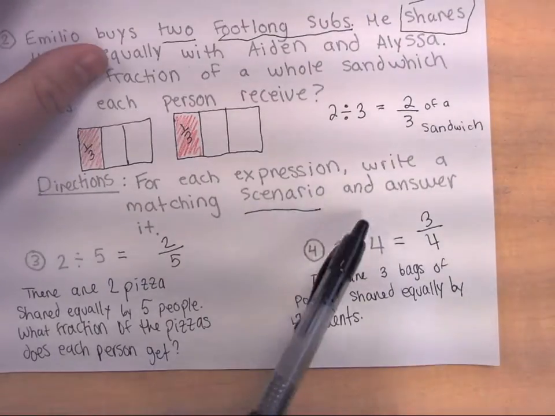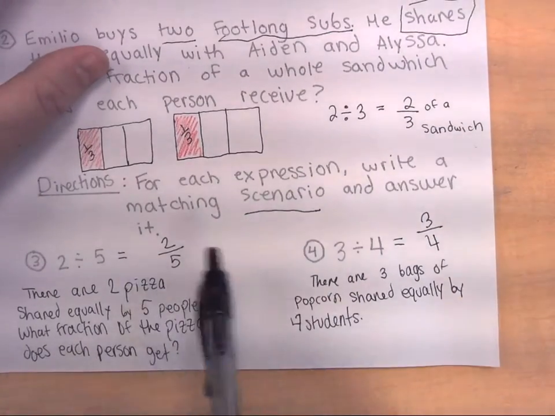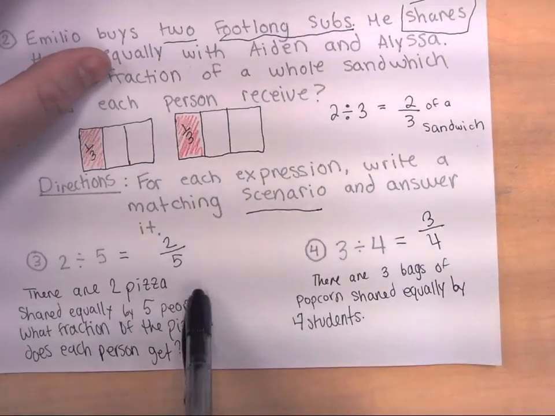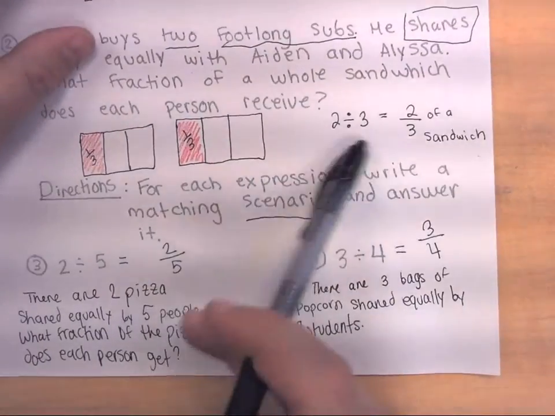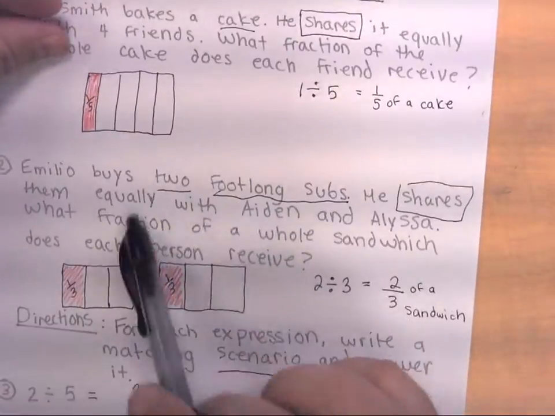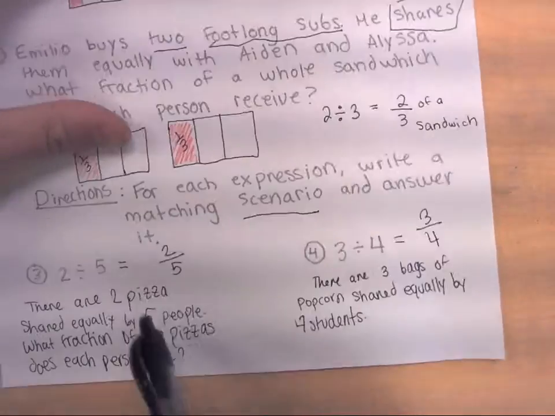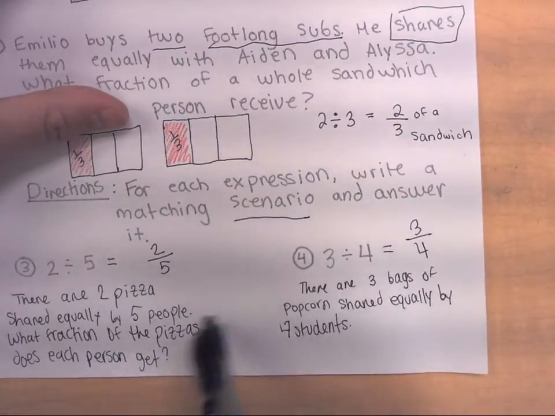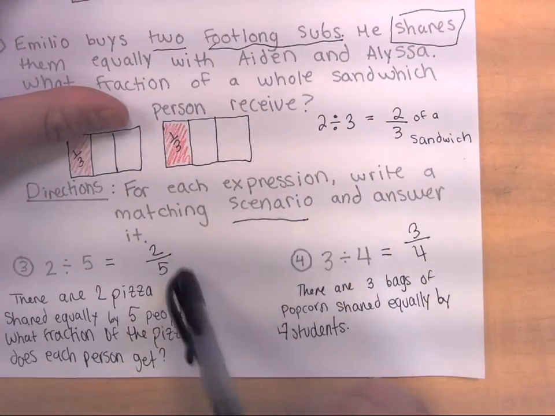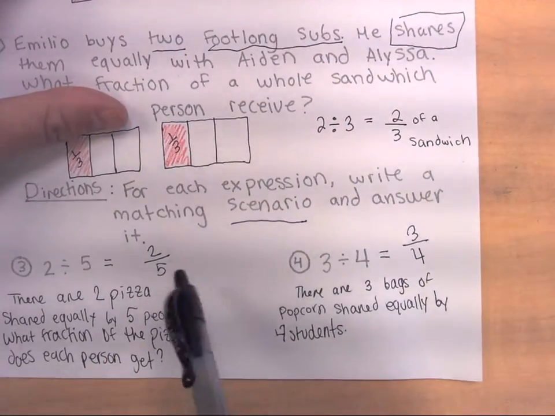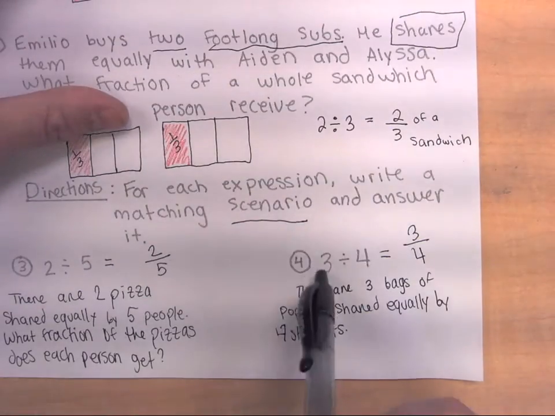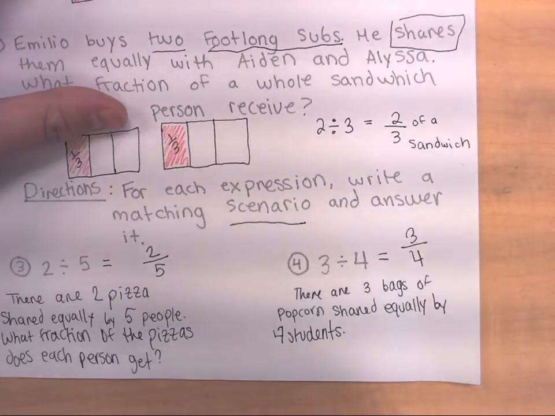But again, if the answer to 3 and 4 is not clear, going back to using diagrams and pictures along with using the scenario should help make sense out of which fractions would be equivalent to these expressions.